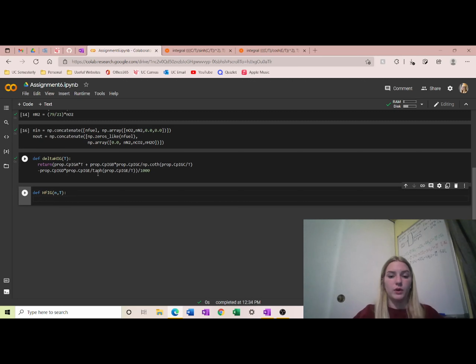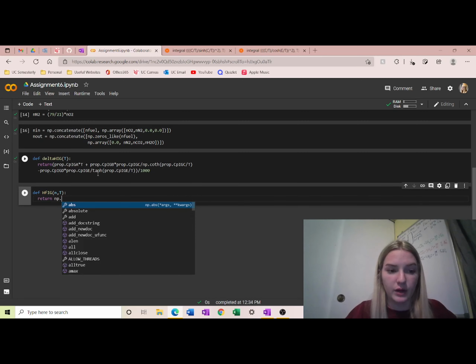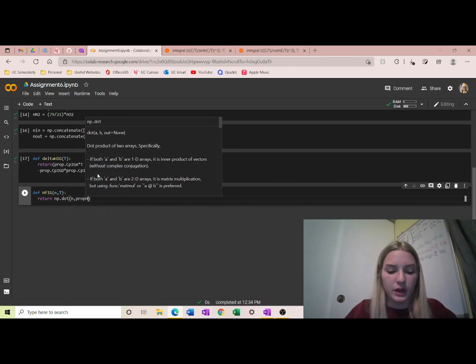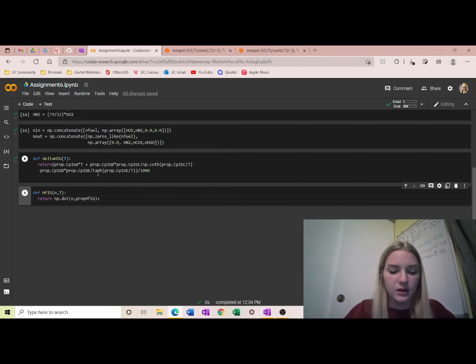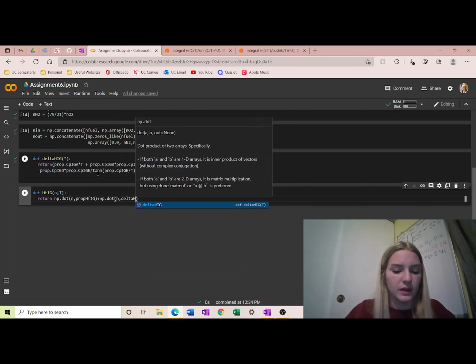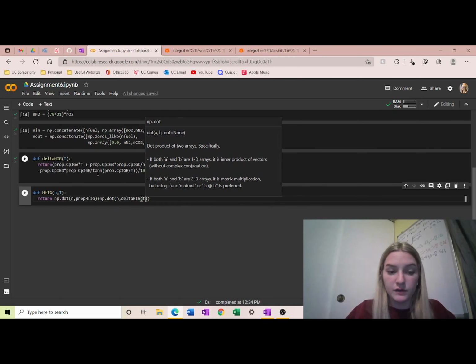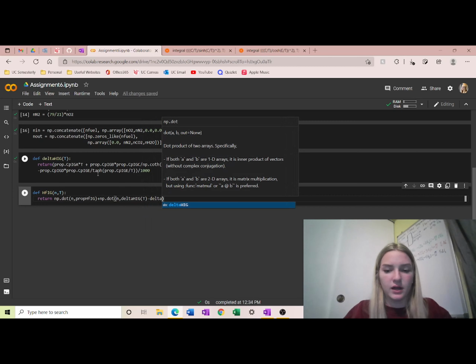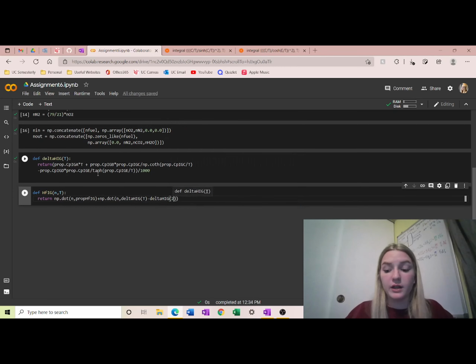So now we are going to return a dot product, so np.dot of the moles, comma, prop HFIG, and then we are going to add the dot product of N, comma, delta HIG of T, and we are going to subtract the delta HIG of our initial temperature, which is 298 Kelvin.